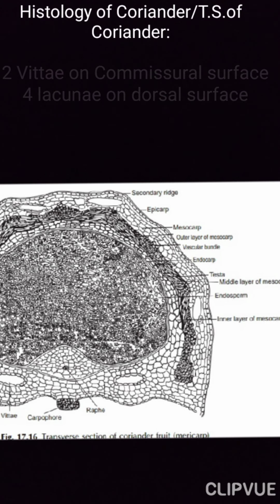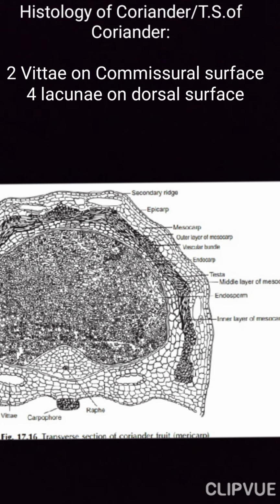The fourth one, the vittae: two vittae on the commissural surface and four lacunae on the dorsal surface. Here you can see the vittae in the image, two here at the bottom, and on the dorsal surface the four lacunae, 1 2 3 and 4.